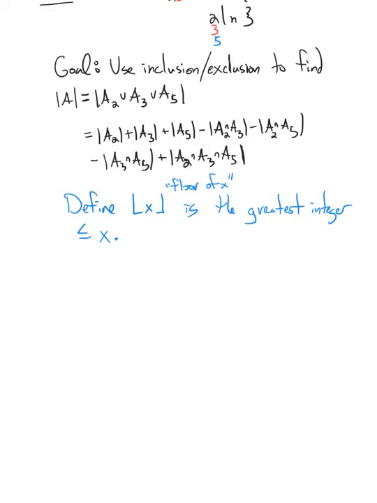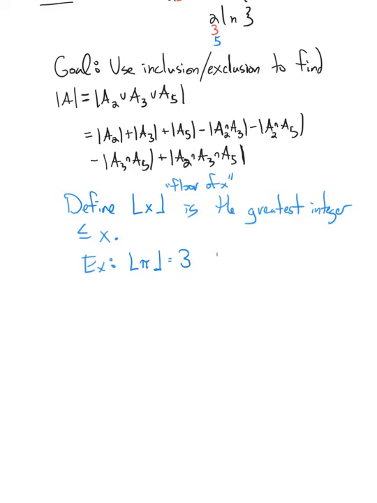You can think of it like a rounding down function. Let me give you some examples, just so we understand how this works. The floor of pi, well, pi is 3.14, so the integer just below that is 3. We just always round down.